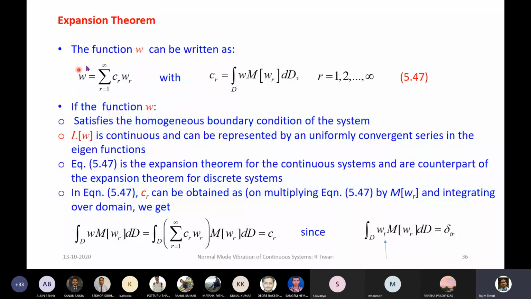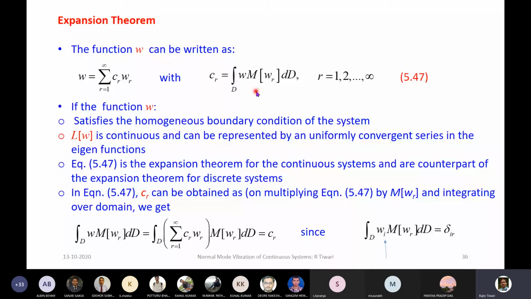Any function you want to represent, which will basically be a known displacement of a particular system, can be expressed in terms of the eigenfunctions multiplied by some constant. This constant will depend upon the initial condition of the problem, and it can be expressed like this.